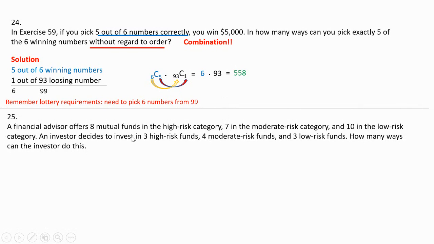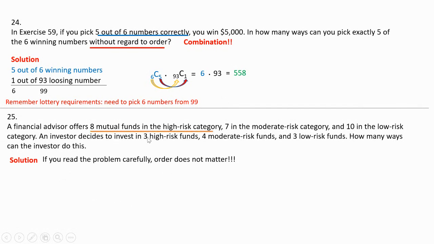Now this is number 25. A financial advisor offered 8 mutual funds in the high risk category, 7 in the moderate risk category, and 10 in the low risk category. An investor decides to invest in 3 high risk, 4 moderate risk, and 3 low risk funds. How many ways can the investor do this? And here, guys, the order does not matter. You be careful, the order does not matter.